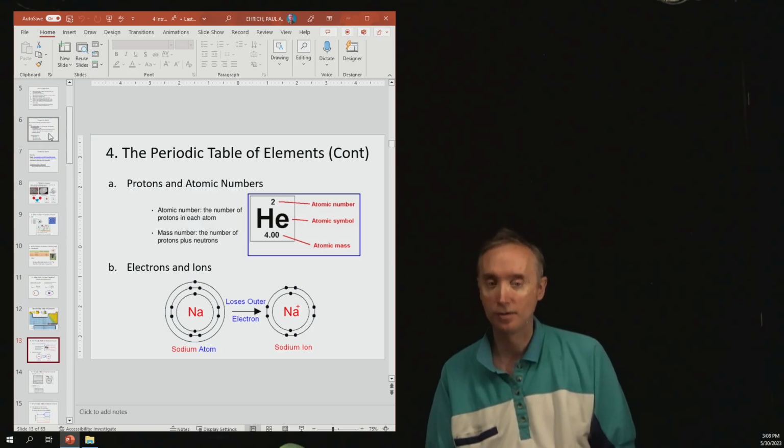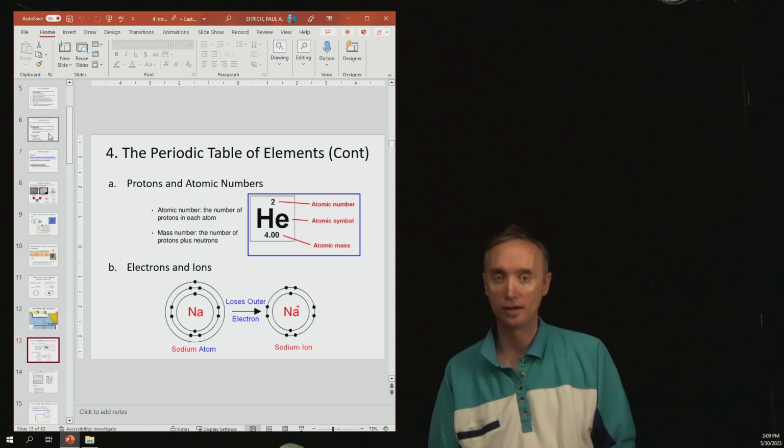The atomic number determines the element. So every hydrogen has 1 proton. Every helium has 2 protons. So the atomic number is going to determine the identity of the element.